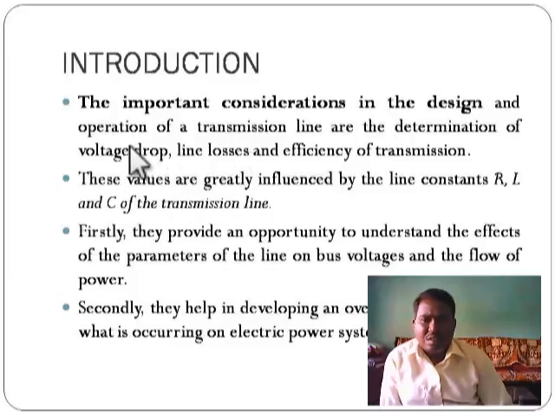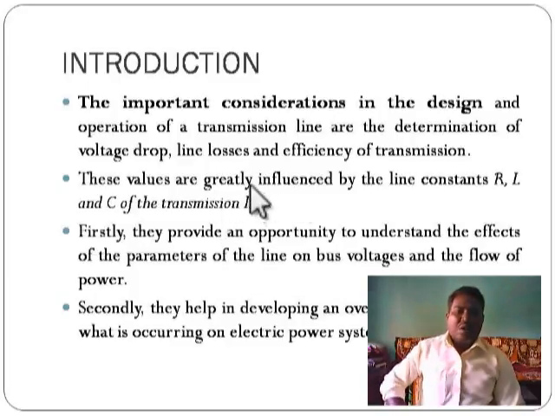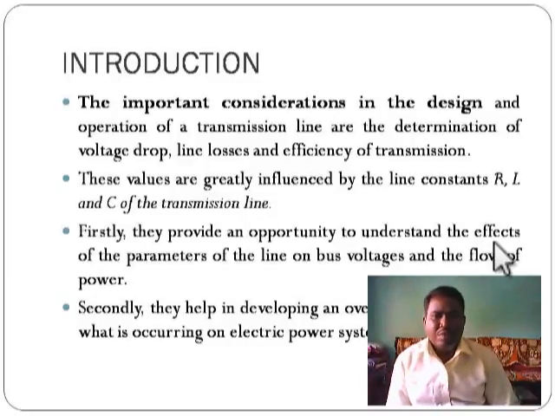These three considerations, that is voltage drop, line losses, and efficiency of transmission, are greatly influenced by the line constants: resistance, inductance, and capacitance of the transmission line. So these values play a vital role while designing the transmission line. What happens if we design the R, L, and C values properly?